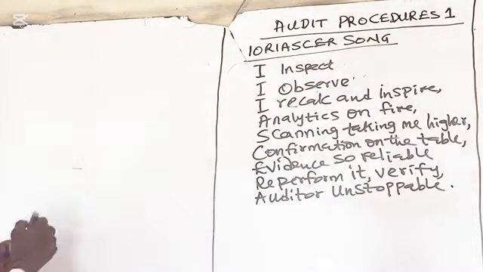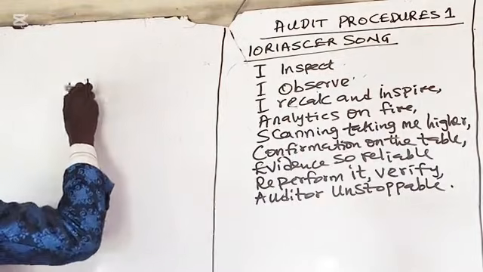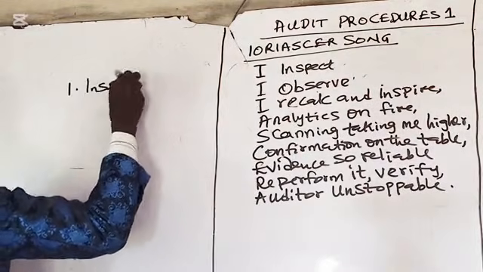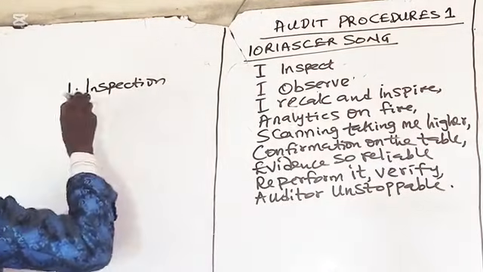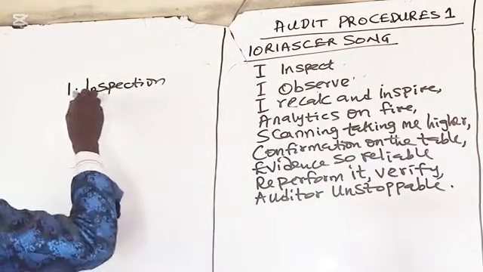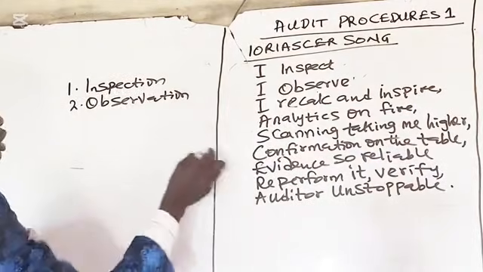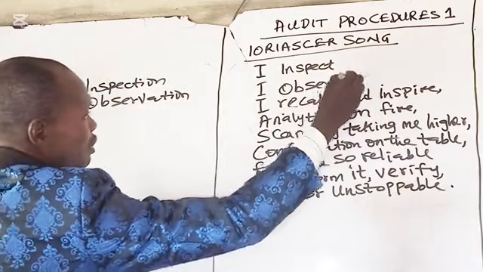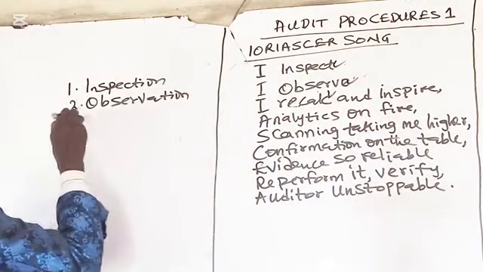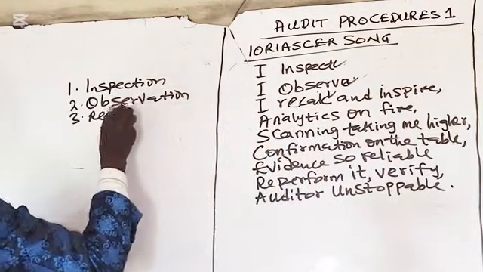The audit procedures from the song. Number 1 is inspection. Number 2, we have observation. Number 3, we have recalculation.